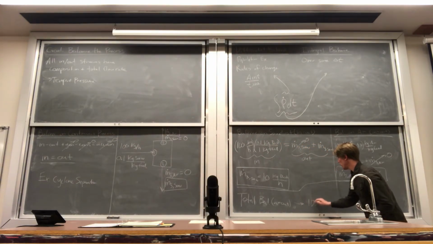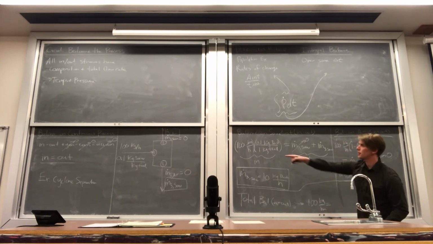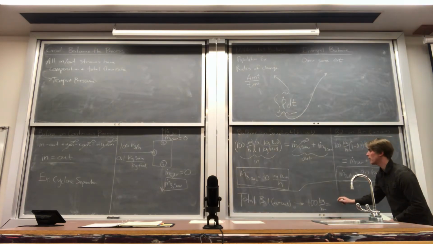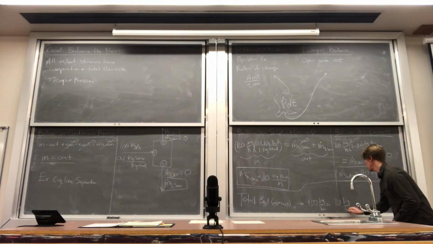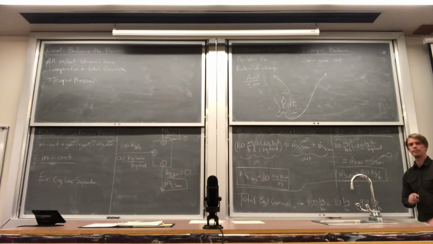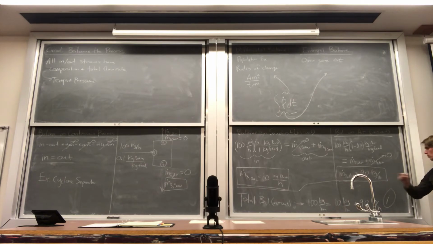This is going to be 100 kilograms per hour coming into the system. Coming out, we have the air out of the top and the sawdust out of the bottom. 10 kilograms per hour plus 90 kilograms per hour. And it works. We are okay.